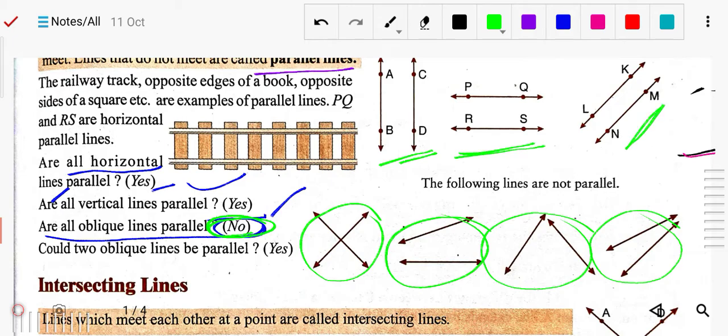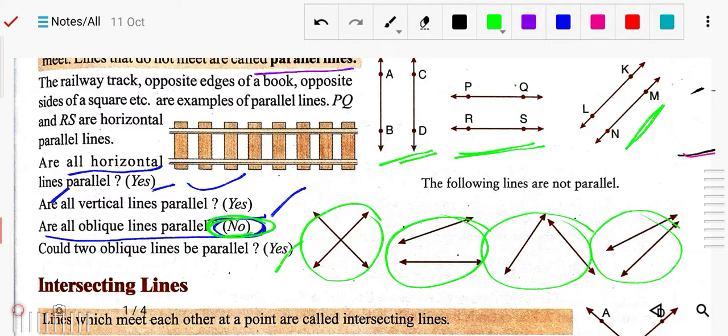Only vertical lines and horizontal lines can be parallel lines. Sometimes oblique lines are also parallel, but they should not intersect. Are all oblique lines parallel? No. Could two oblique lines be parallel?